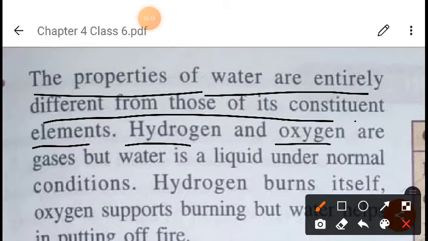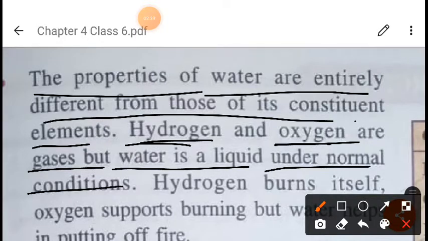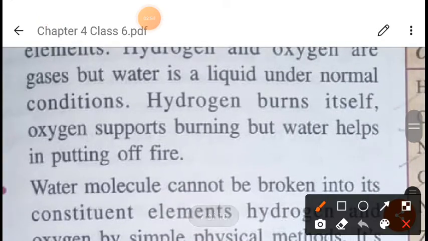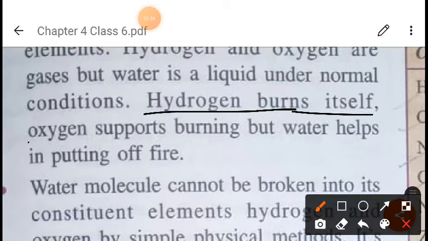As you can see, hydrogen and oxygen are gases, but water is a liquid under normal conditions, right? And one more very important thing: hydrogen burns itself, but oxygen supports burning.